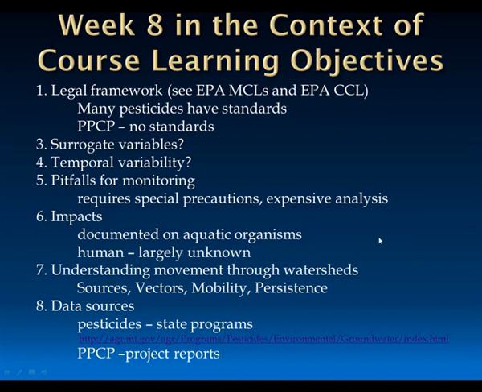Number 7, moving through watersheds, so understanding how that happens. We talked about the sources and vectors: is water moving over the surface or through the subsurface? And how mobile and persistent are the chemicals? That's all the solubility, sorption coefficient, and all of those things that we just talked about.